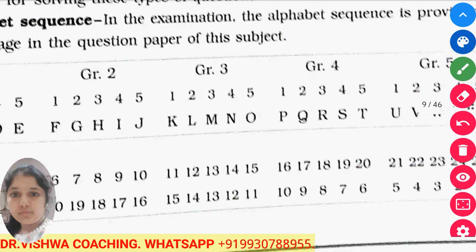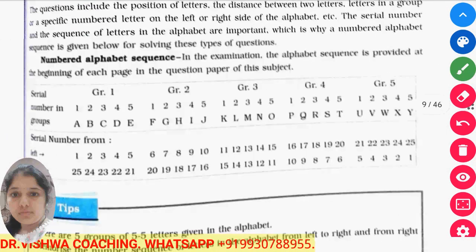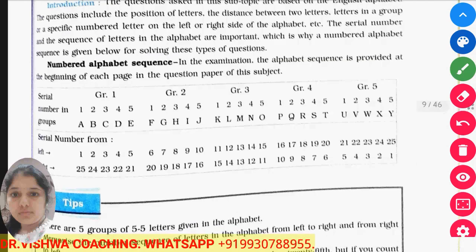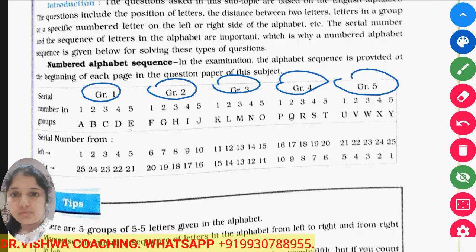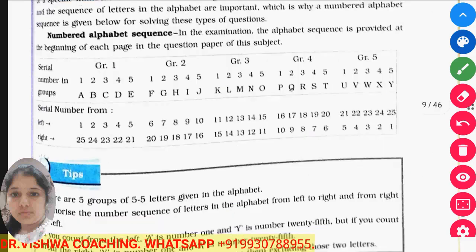So we all know there are 26 alphabets in English, and they are grouped into 5 groups by taking five alphabets in one group. So A to E is one group, F to J one group, K L M N O, P Q R S T, U V W X Y, and Z is the 26th alphabet.